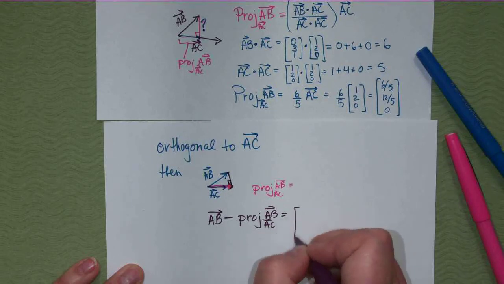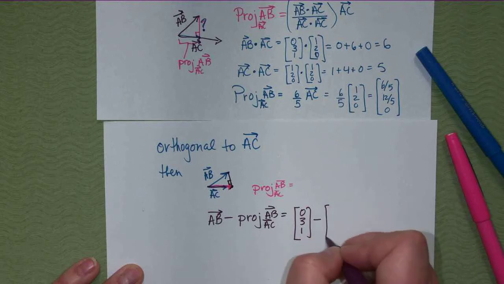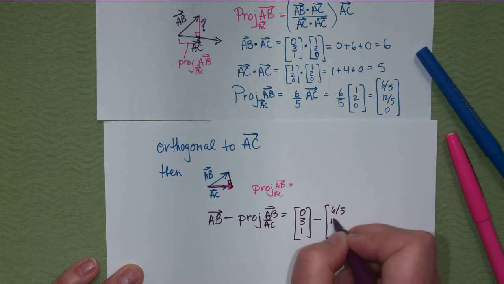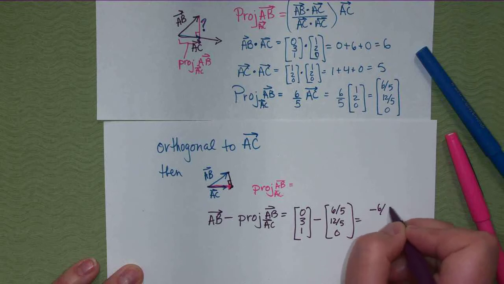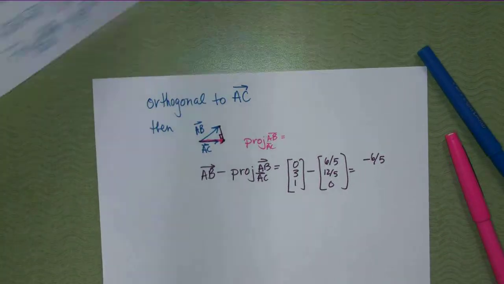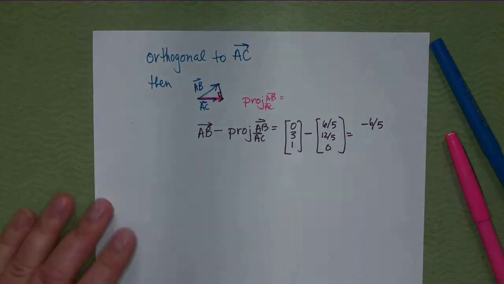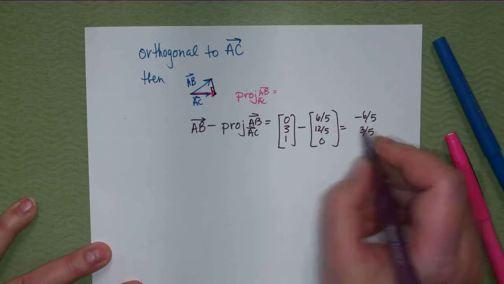AB was (0, 3, 1), and the projection... (3 minus 12/5), 15 minus 12, 3/5, and 1 minus 0.